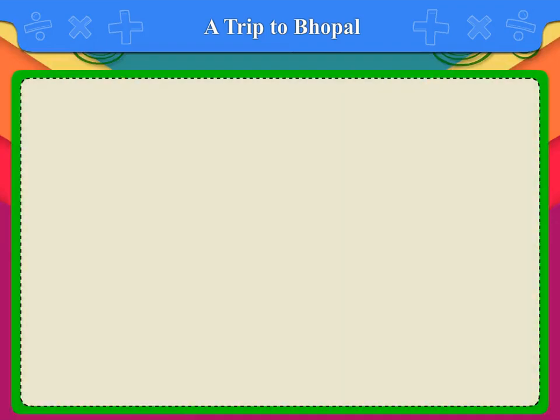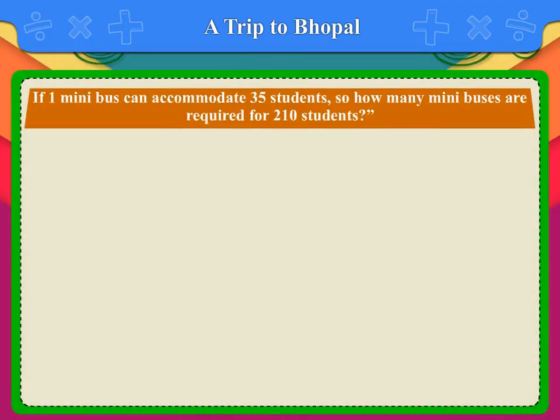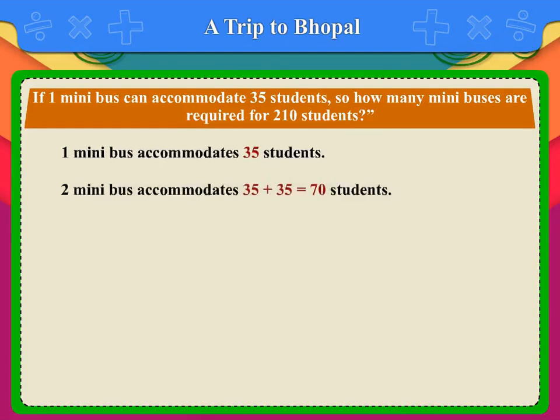Now let us calculate. If one minibus can accommodate 35 students, how many minibuses are required for 210 students? One minibus accommodates 35 students. So, 2 minibuses accommodate 35 plus 35 is equal to 70 students.